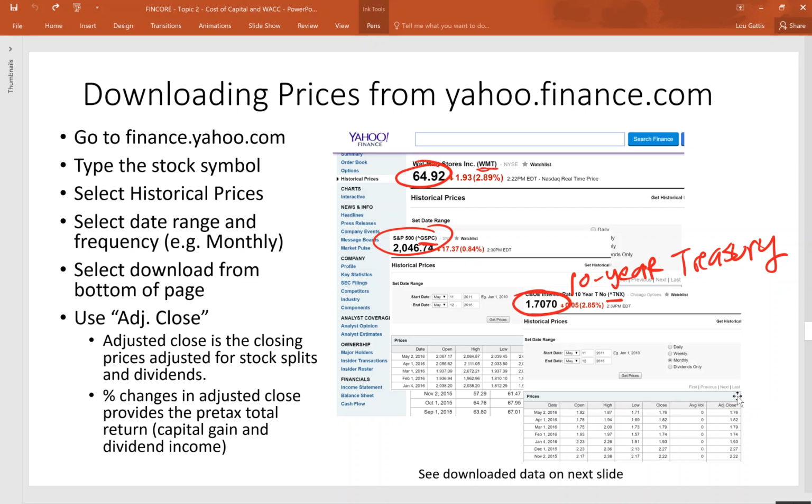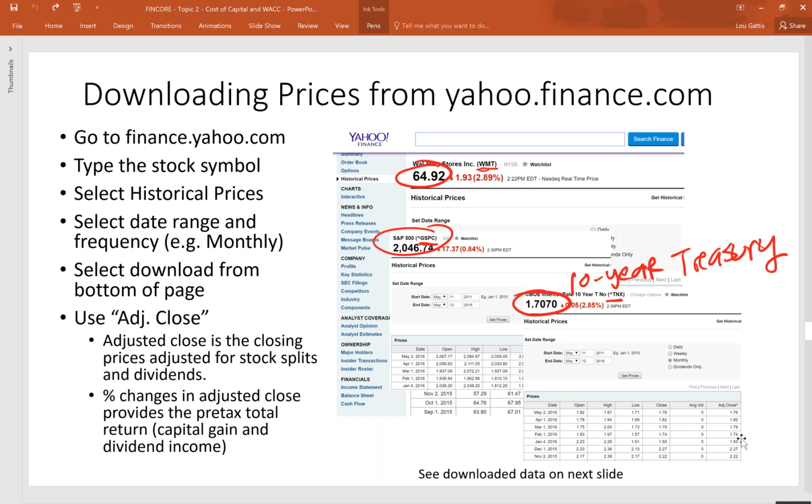So let me just take a minute to talk about adjusted close price. The close price is the actual price of the stock that closed on that day in the market. The adjusted close price makes an adjustment for dividends. So if on one of these periods the stock paid a dividend, the adjusted close will reflect the dividend.